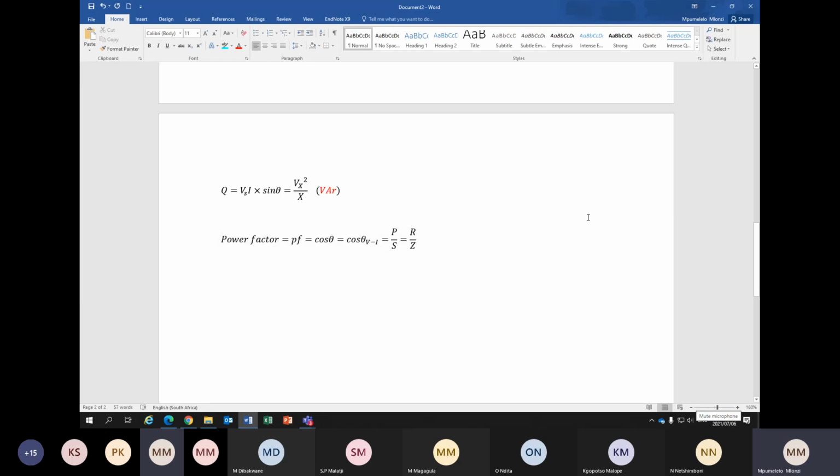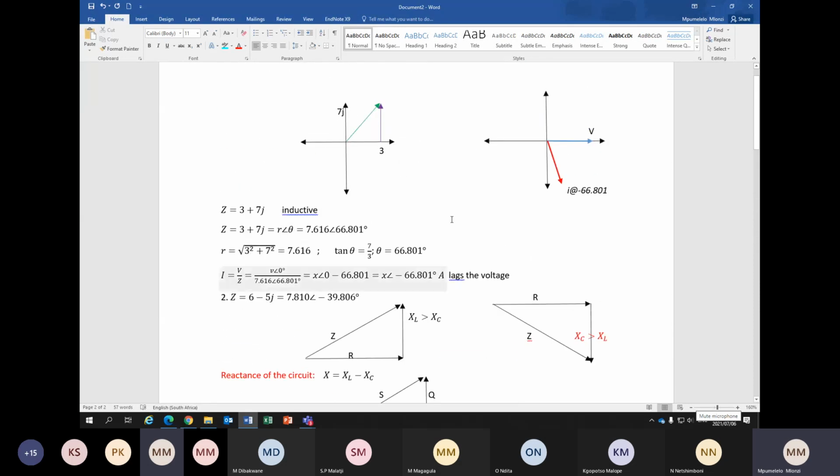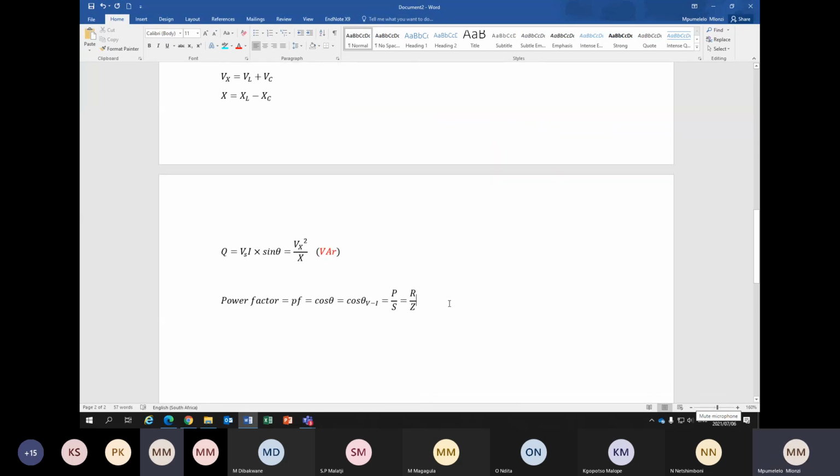That's why I started by doing this. Because if you give me the power factor answer as, let's say, 0.5, without stating if it is lagging or leading, that is a wrong answer. The power factor needs to be accompanied by the word lag or lead. I hope this is clear, guys.